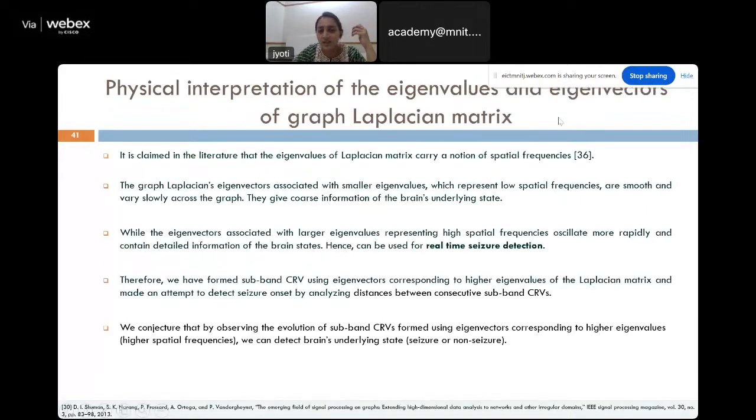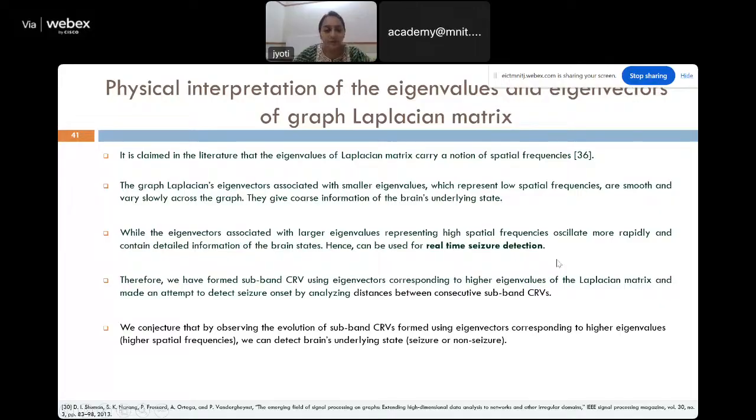So if one is interested in coarse information of any system, they should look at the smaller eigenvalues of the Laplacian matrix. And if one is interested in detailed information of the brain state, you should look at the dominant eigenvectors of the Laplacian matrix.